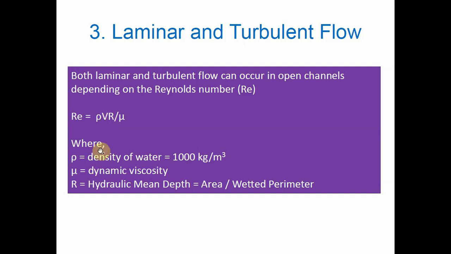The density of water, as you know, is 1000 kg per meter cube. Mu is the dynamic viscosity, and R is the hydraulic mean depth, given by A upon P, that is area divided by wetted perimeter. In some books, it is given by m, that is hydraulic mean radius or mean depth.